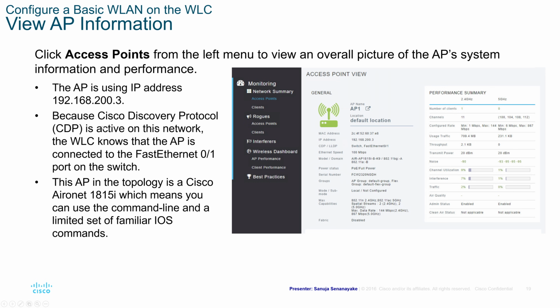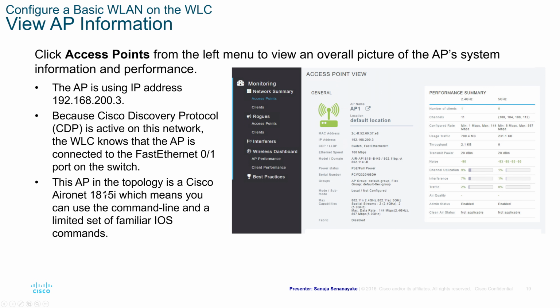Because Cisco Discovery Protocol, also known as CDP, is active on this network, the WLC knows that the AP is connected to FastEthernet 0/1 on the switch. So on the switch it is using Fa0/1, and it knows this automatically because of CDP.